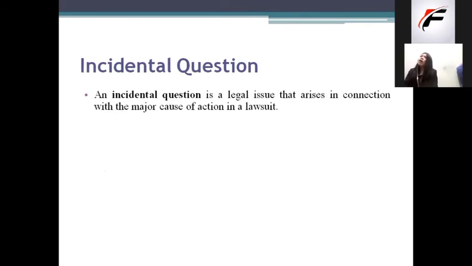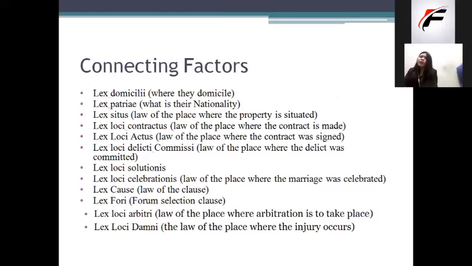The example of an incidental question is, when we apply lex domicilii, where they are domiciled, if A has Indonesian nationality and is domiciled in Singapore and they use Singapore law, it is valid under Indonesian law based on their nationality. It's like that, an incidental question.